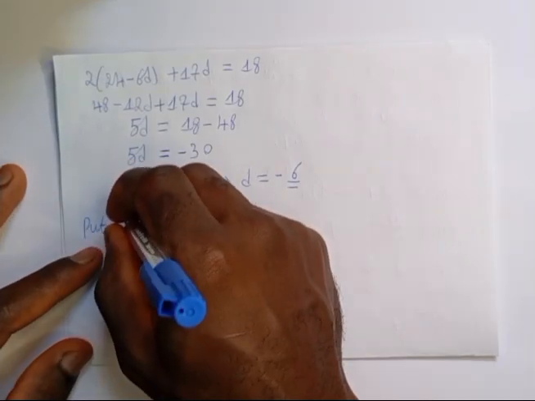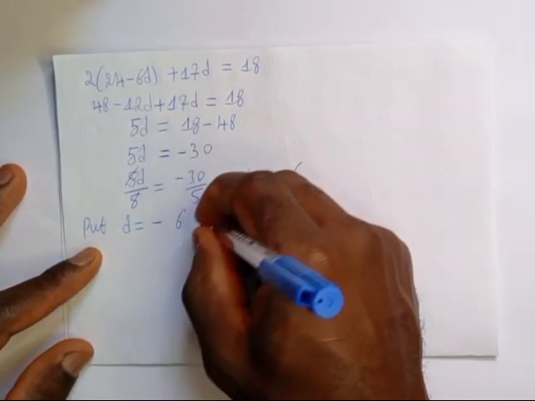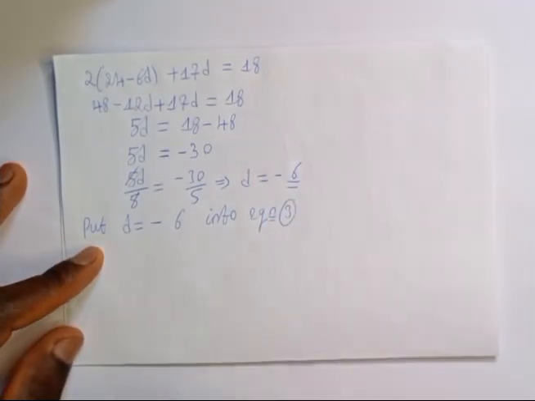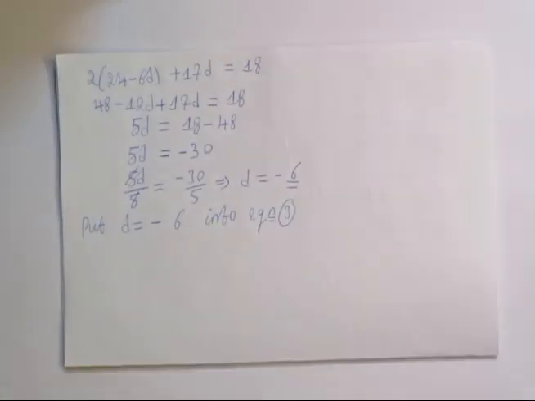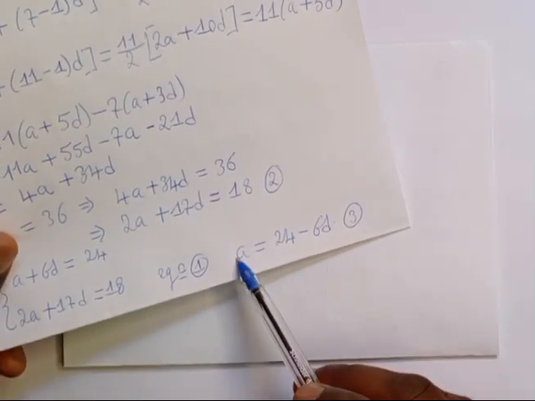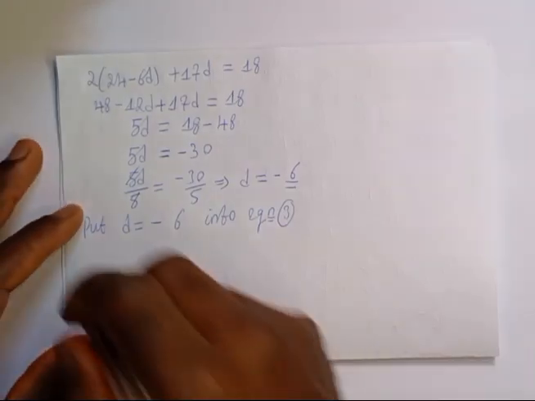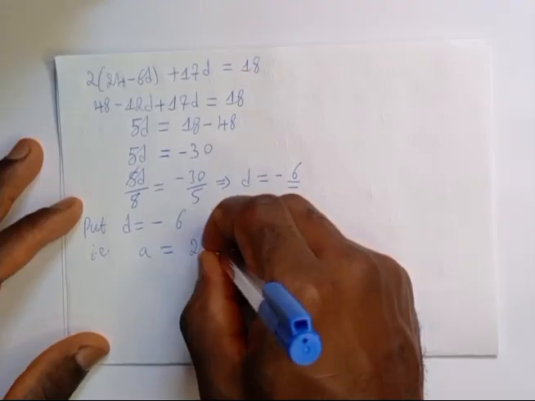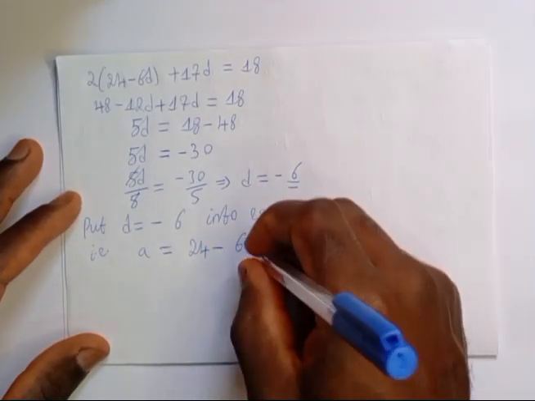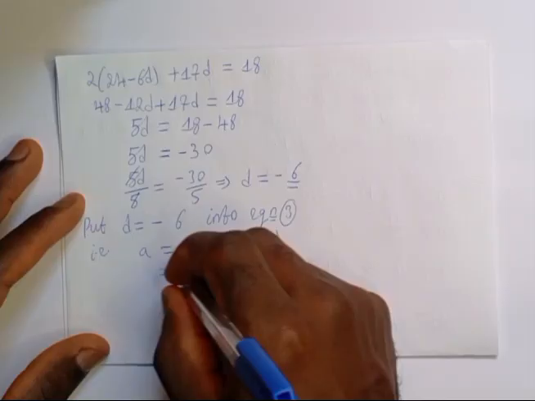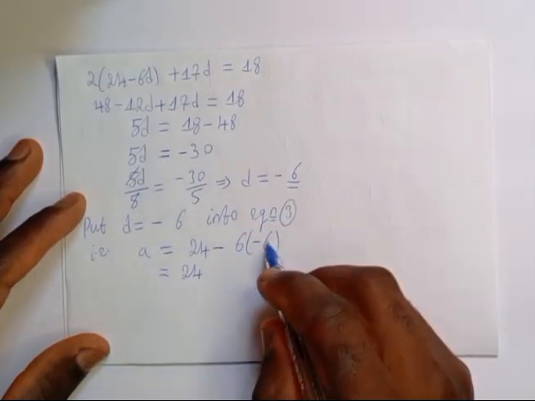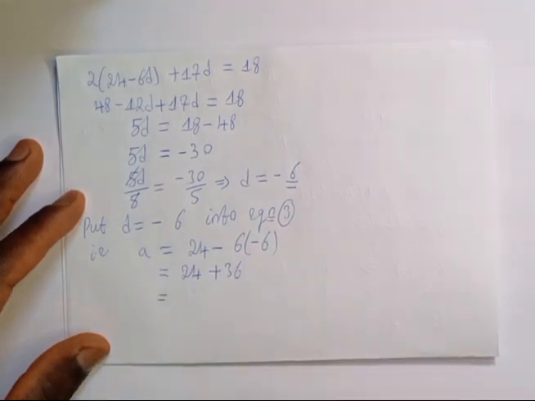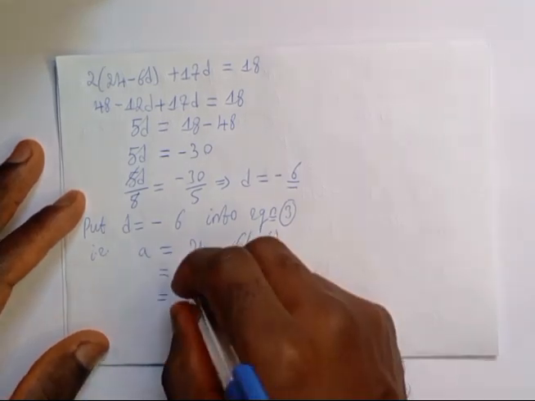Next, we have to put d equal to negative 6 into equation 3. In equation 3, a is the subject of the formula already. This will give us a to be equal to 24 minus 6 times d, 6 times negative 6. And this will give us 24, negative 6 times negative 6 gives us positive 36. 24 plus 36 gives us 60.